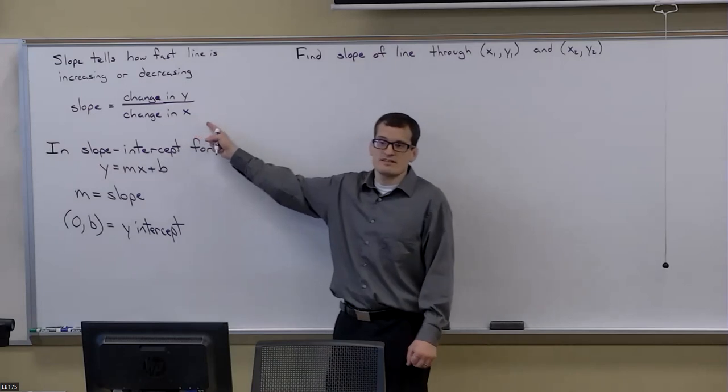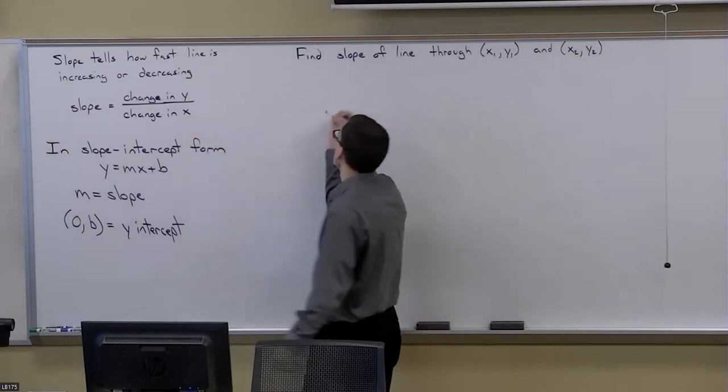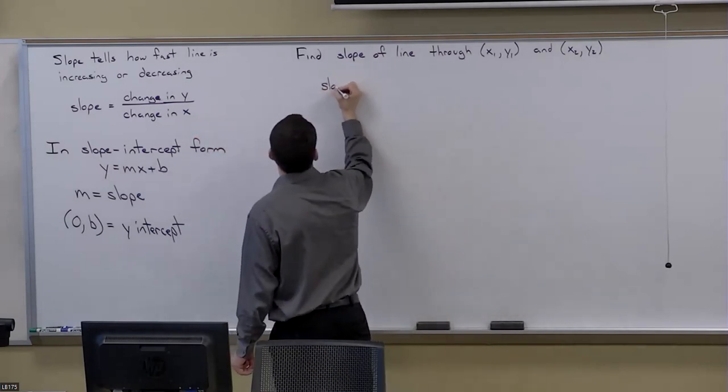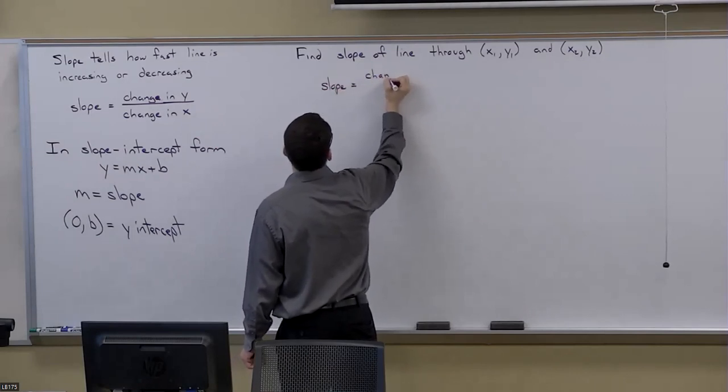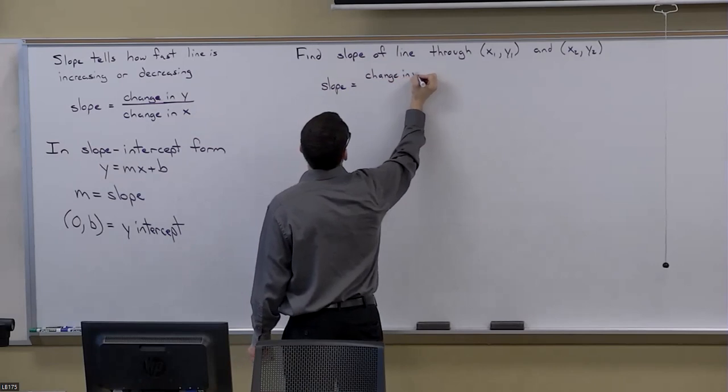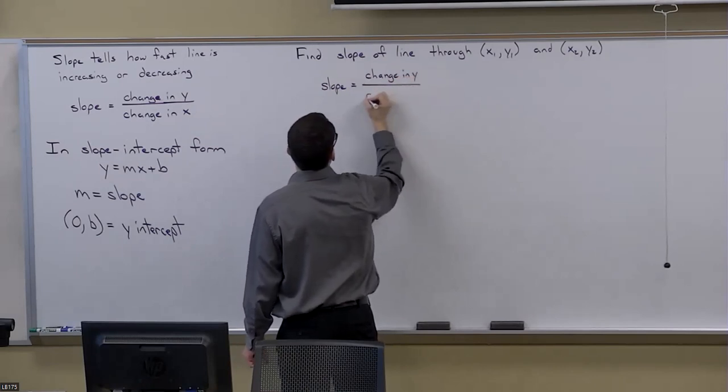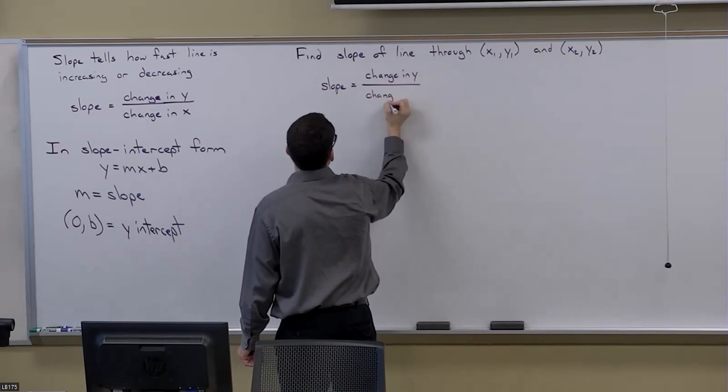Well, we go back to this slope. It is supposed to be the change in y divided by the change in x.